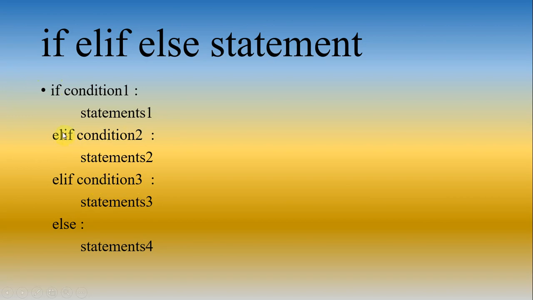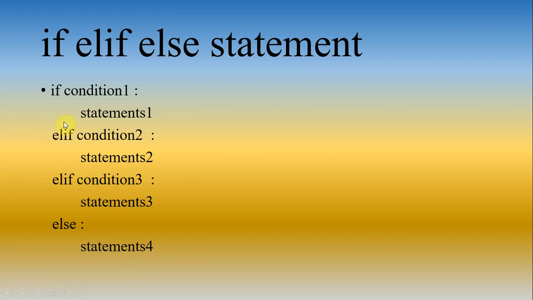The more conditions you have, the more elifs you can write, and these elifs help us in writing more conditions and executing the one which is true. But once any condition becomes true, it will execute the statements underneath that elif or that condition, and it will not go further.